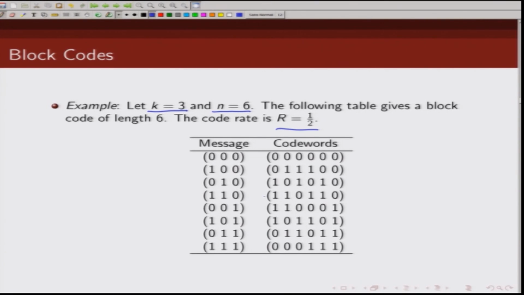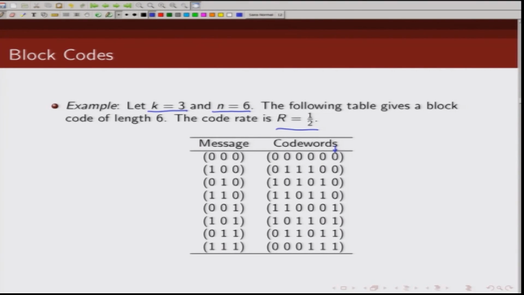Let us look at how we found the message and parity bits for this code. Let us look at each of the columns of these code words. Let us look at this column first, which is 00001111.